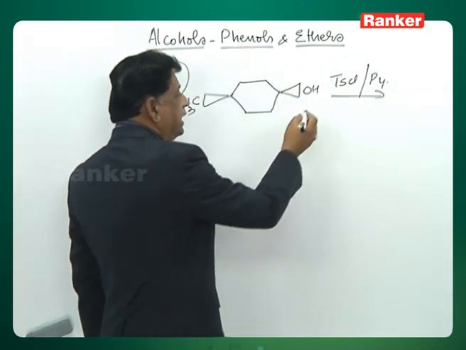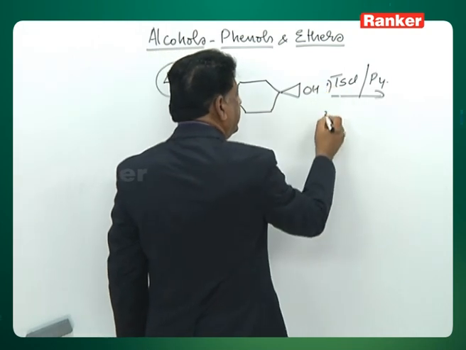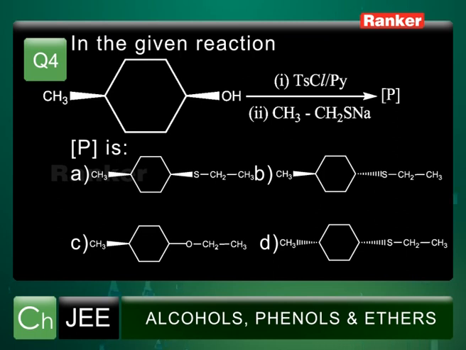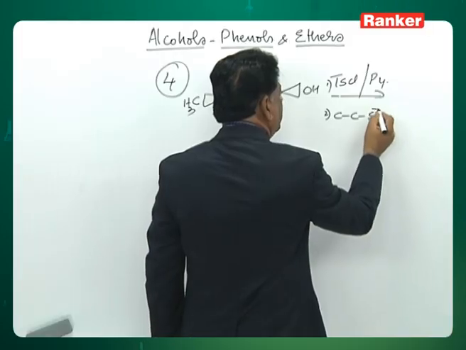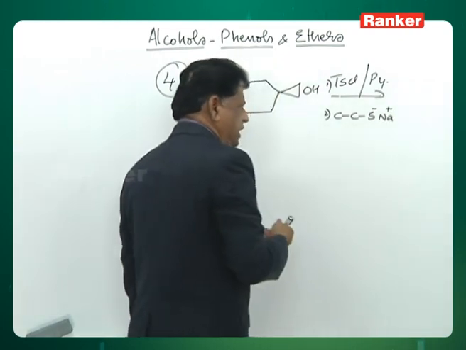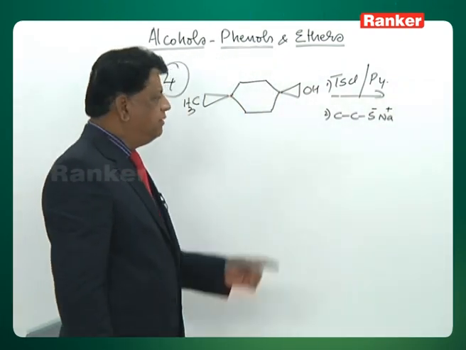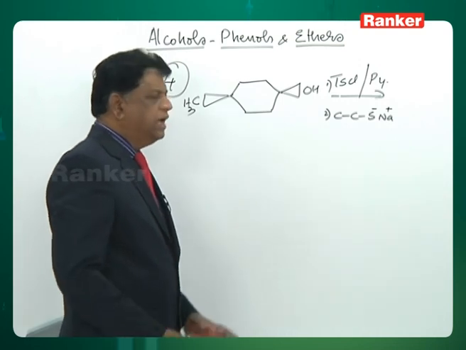After replacing with the tosyl, we have a reagent, the sodium salt of thioethanol. Just like an ethoxide, you can say a sulfur anion is there.